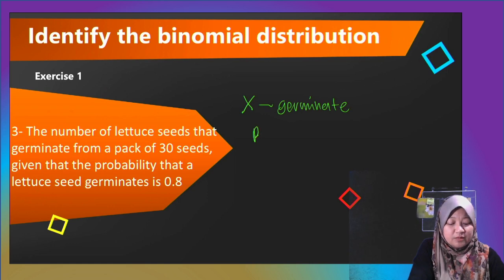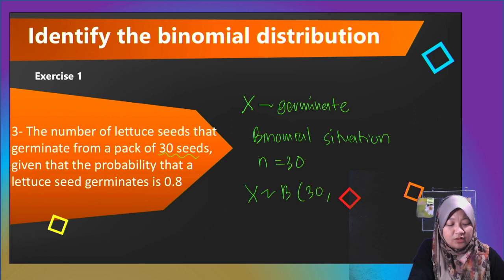So this one is binomial situation. And then given that di sini ada n of trial is 30. So this one is binomial distribution 30 with 0.8 probability of germinate.